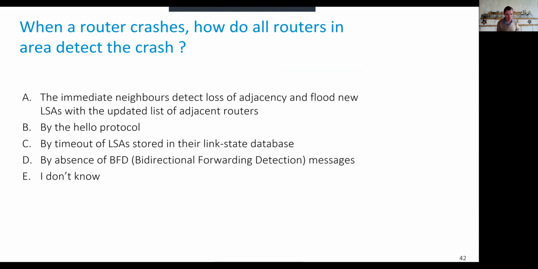So, quick wrap-up question. When a router crashes, how do all routers in an area detect the crash? Here I assumed a link was crashing, but what if it's a router? If router B, for example, would crash?